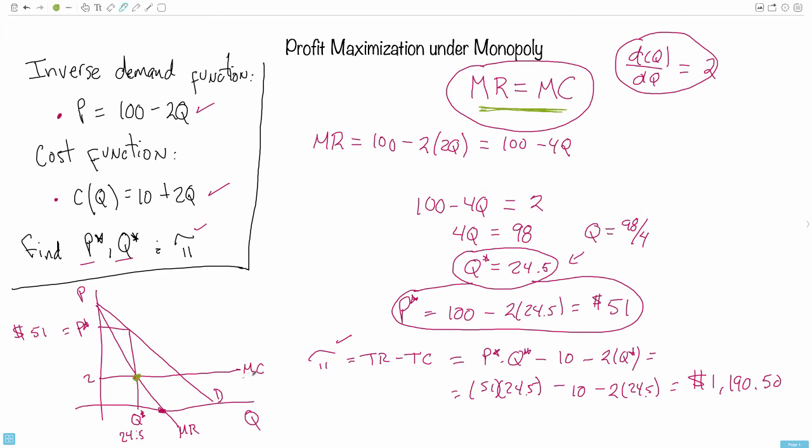The intersection of marginal cost and marginal revenue is going to give you Q star if you go down until you hit the Q, the x-axis, and if you go up and then you take a left, you're going to have P star, which in this particular example is $51 in price, 24.5 in amount produced, and the total level of profits is equal to this amount.